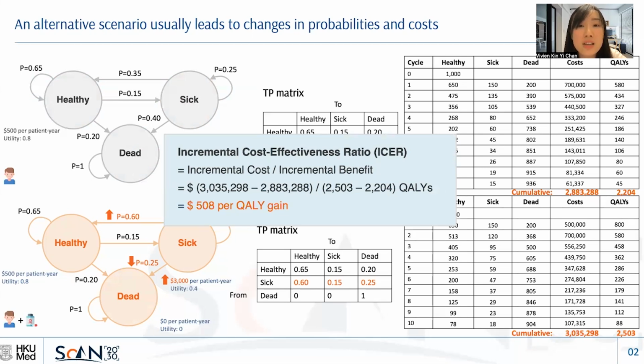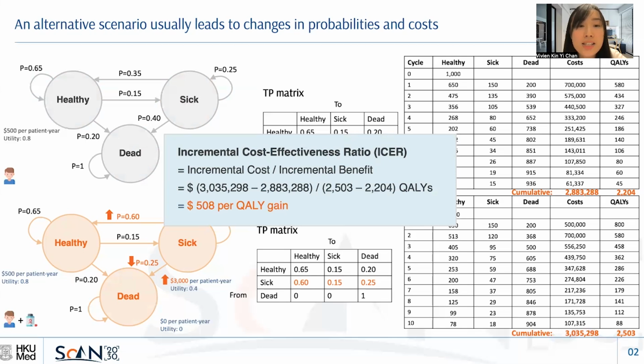The ICER is calculated by dividing the difference of cost by the difference of QALYs between the two strategies. And after the calculation, it shows that in order to introduce the new treatment, we need to spend $508 more to buy back one QALY. And now, what does it actually mean? What does the value imply?